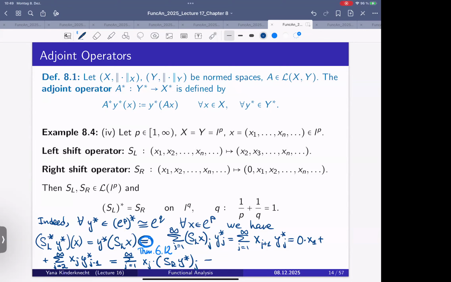That is what we have here. This is the action of S_R y star at the point x. Agree? Yes, we have shown this. Okay.